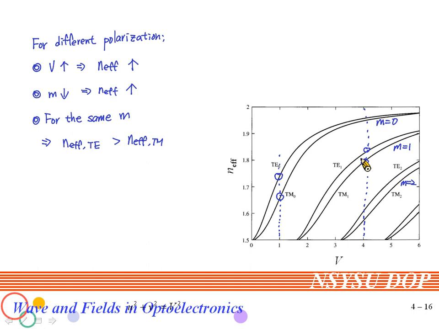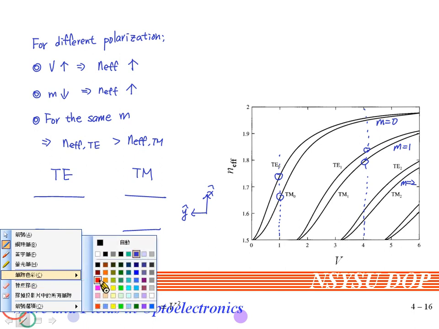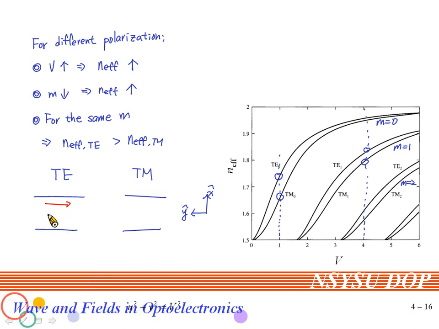This can be explained by the following figure. For TE mode and TM mode, we have the optical waveguide shown here with the direction defined as this is Y and this is X. Due to the polarization, the TE mode will look like this, and the TM mode will look like this.